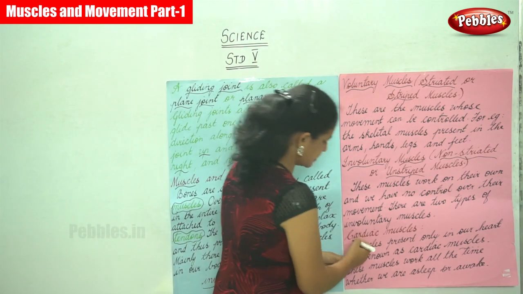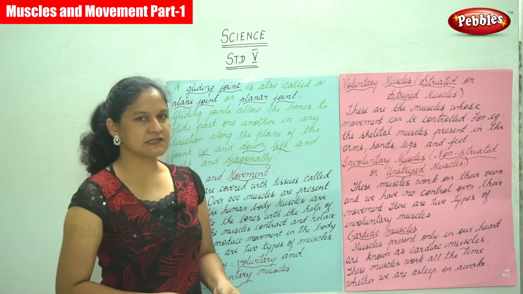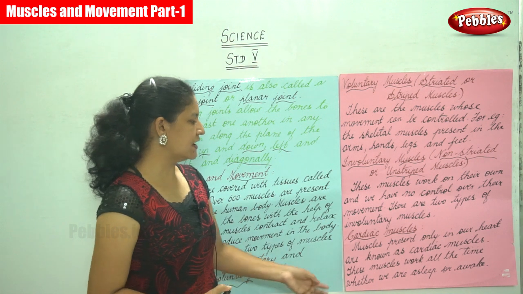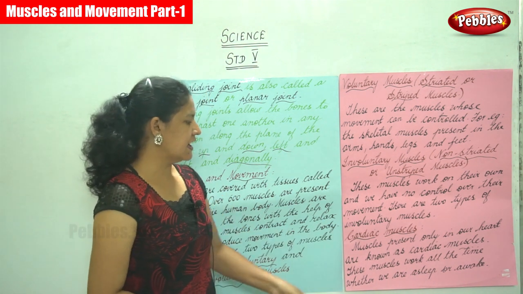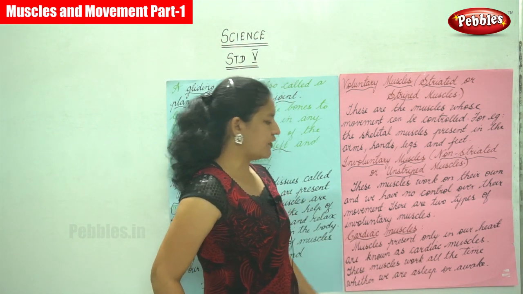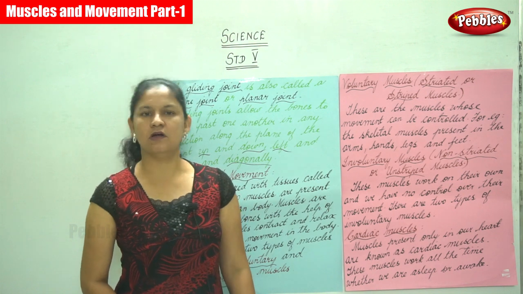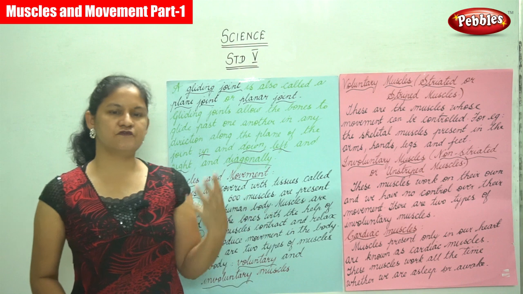The first is your cardiac muscles. The muscles present only in our heart are known as your cardiac muscles, and these muscles work all the time, whether we are asleep or awake. Even when we are asleep, the heart functions.